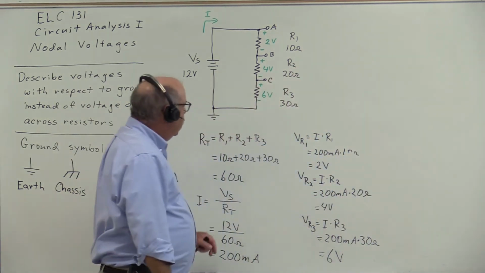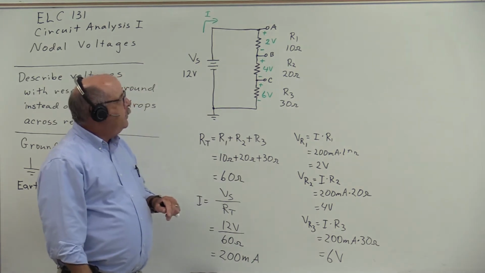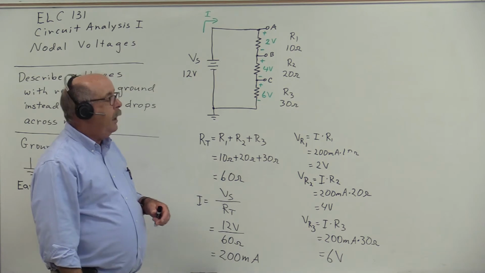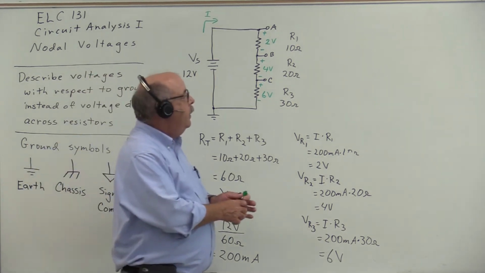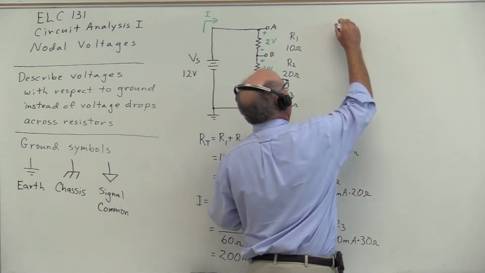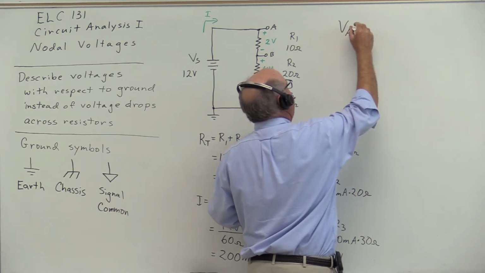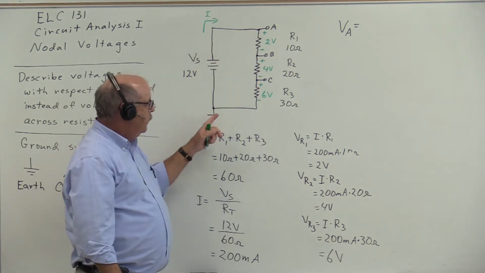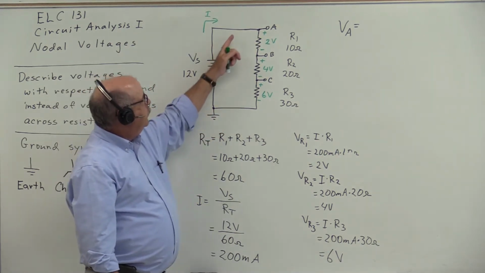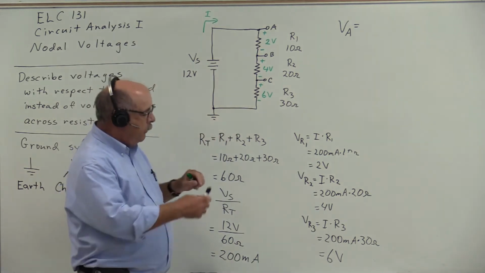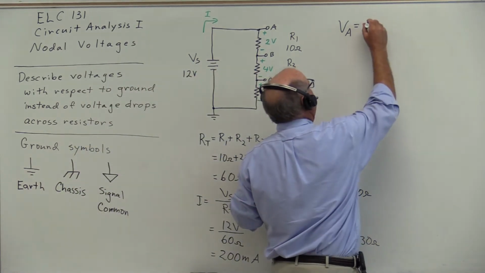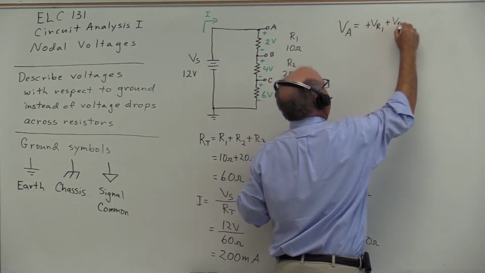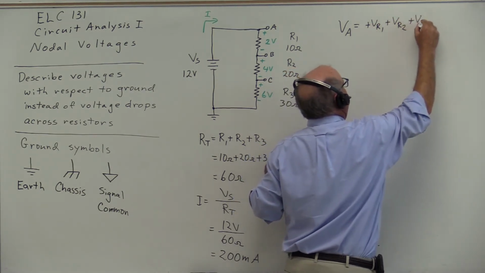So let's calculate the voltage that will be measured at node A with respect to ground. Now, in order to do that, all we're going to do is add up the voltages that exist from A to ground. So if we travel in this direction from A to ground, we have plus VR1 plus VR2 plus VR3.